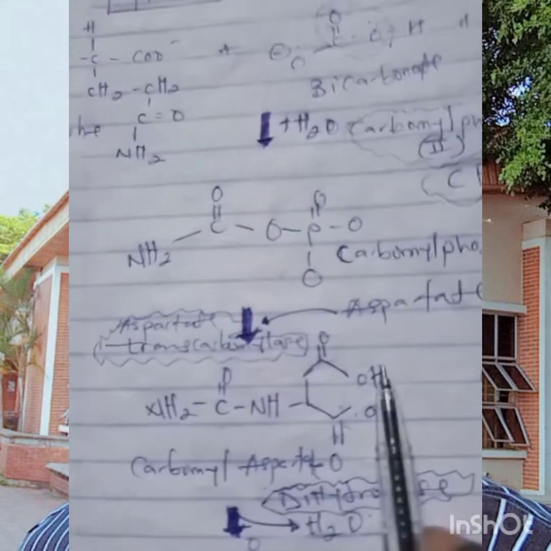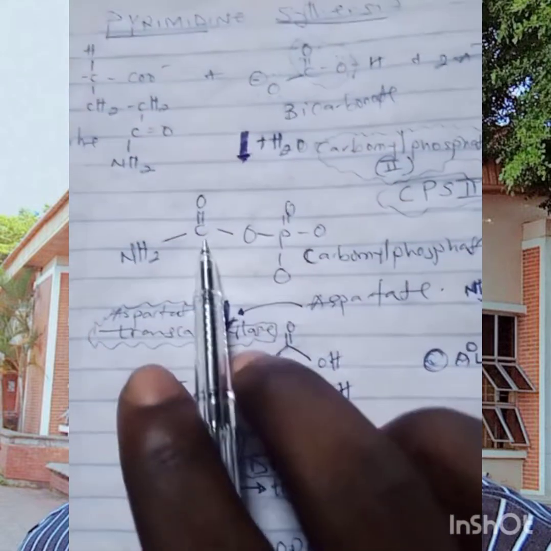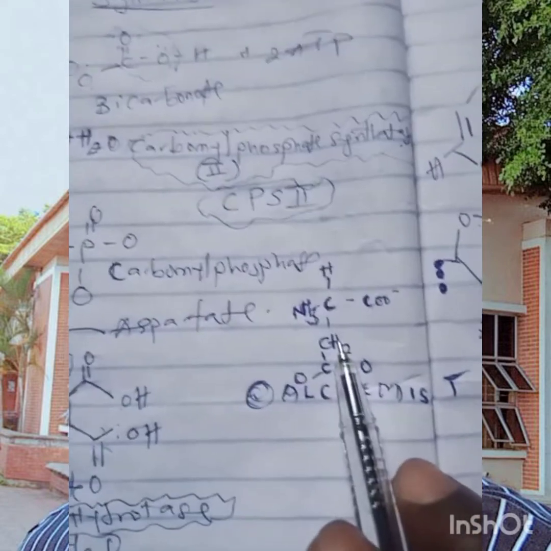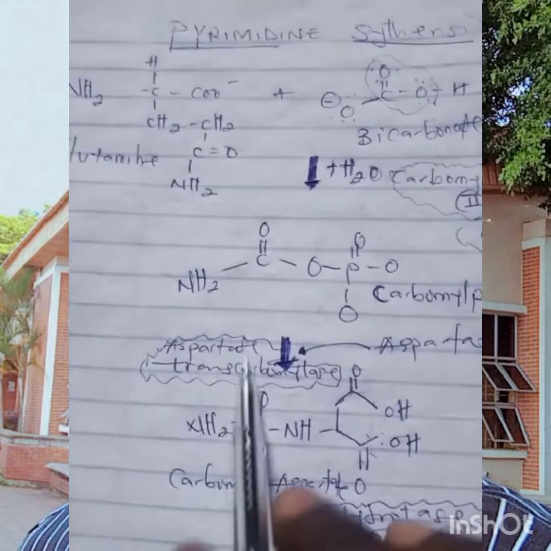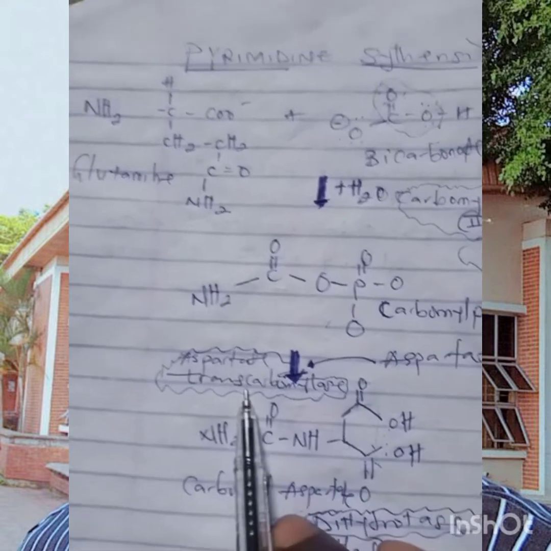And the next thing here is to add our aspartate to this carbonyl phosphate, and this is the structure of our aspartate. After that we have an enzyme that catalyzes this reaction, which is known as what? The aspartate transcarbamylase.